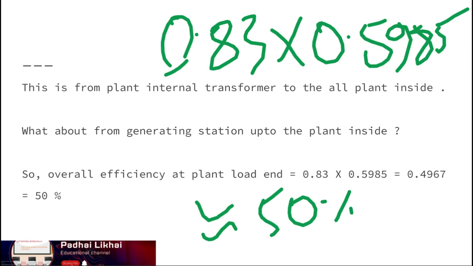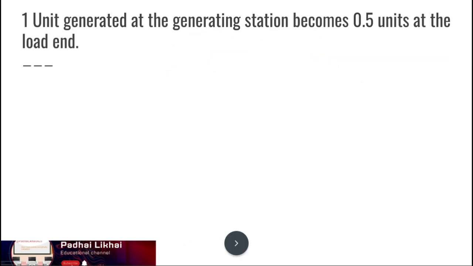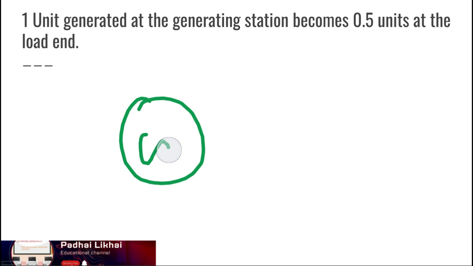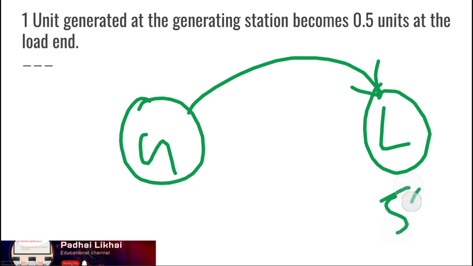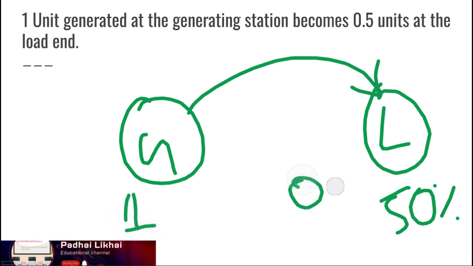Now this is very important. This will provide you an insight that will motivate you to save power. See, let us interpret this data. From generation to load, the efficiency has reduced to 50%. It means if 1 unit is generated, it is actually 0.5 unit at load.